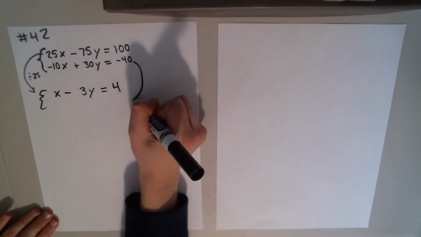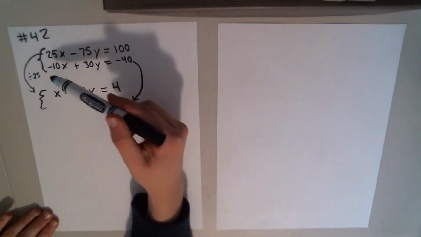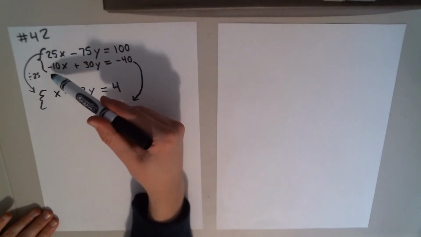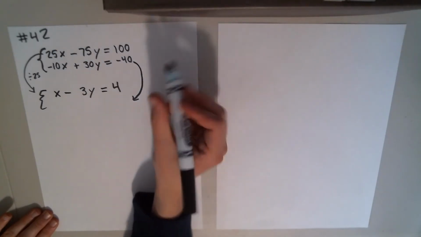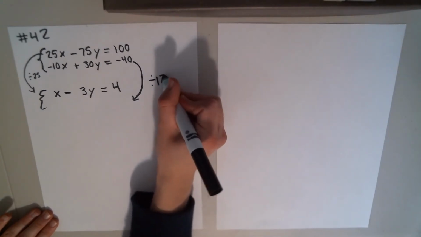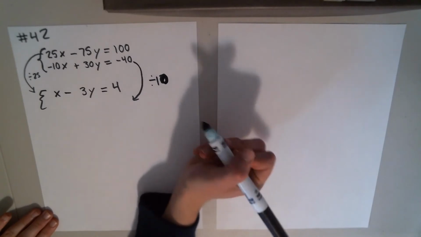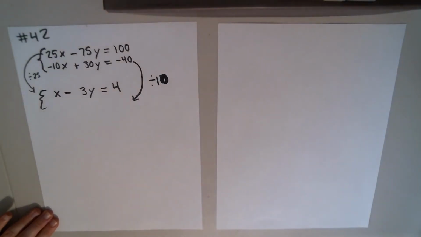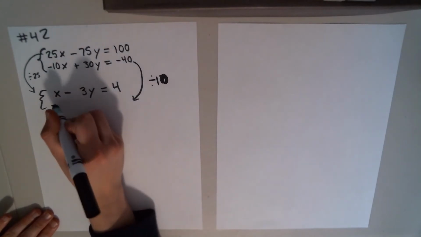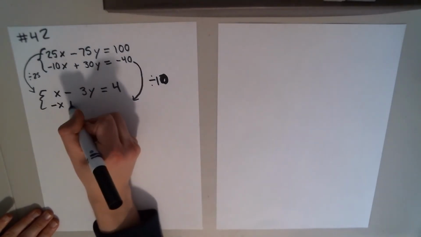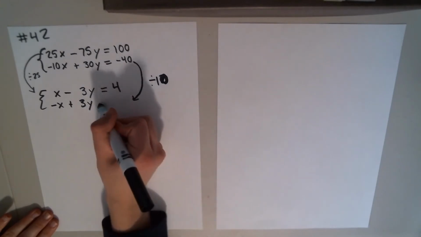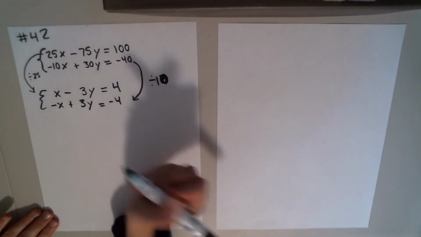The second equation, if you look at it, you'll notice there's a 10 in everything here, right? 10 divides into each thing, so I'm going to divide all of that by 10, and I get negative x plus 3y equals negative 4.